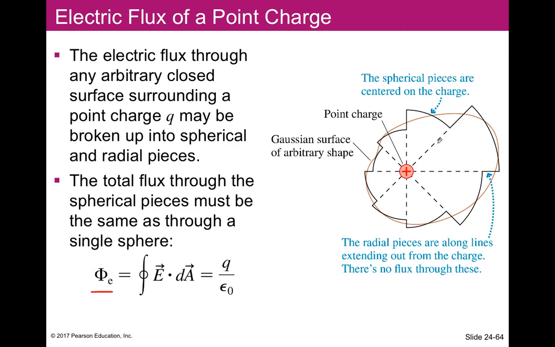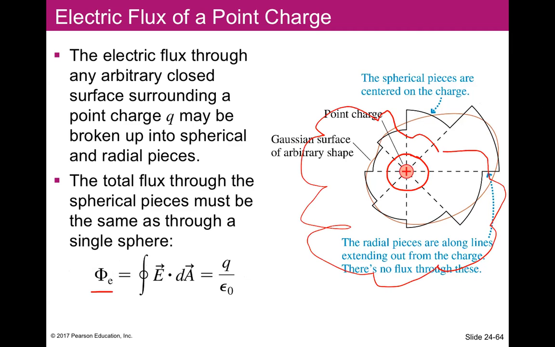Because first the flux, let's say, no matter which surface you make, this is a spherical surface, this is an arbitrary closed surface, they have the same flux, right? As we said, any electric field line which goes through the small surface should always go through the bigger surface because they're all enclosed surfaces and the net charge is inside.